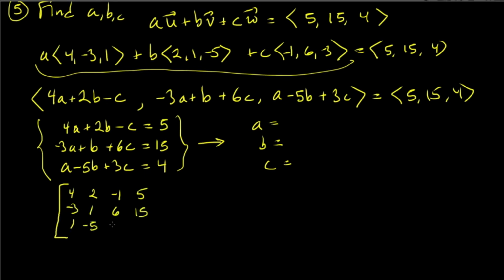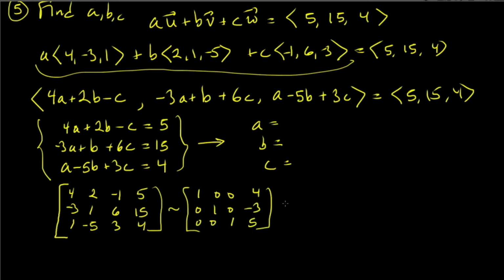That's more familiar if you have had linear algebra. When you do that, this is equivalent to the identity matrix: 1, 0, 0, 4; 0, 1, 0, negative 3; and 0, 0, 1, 5.